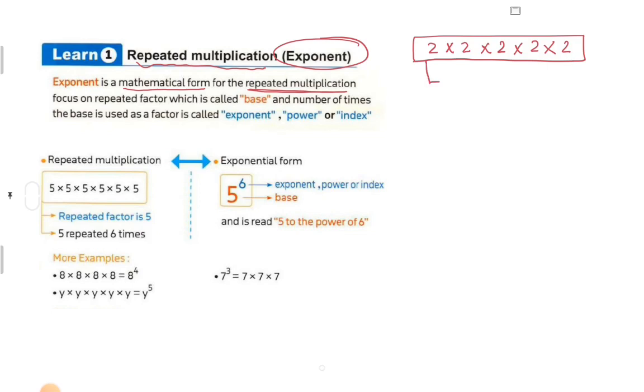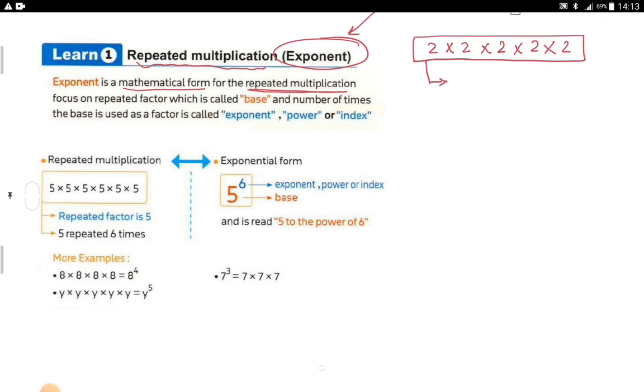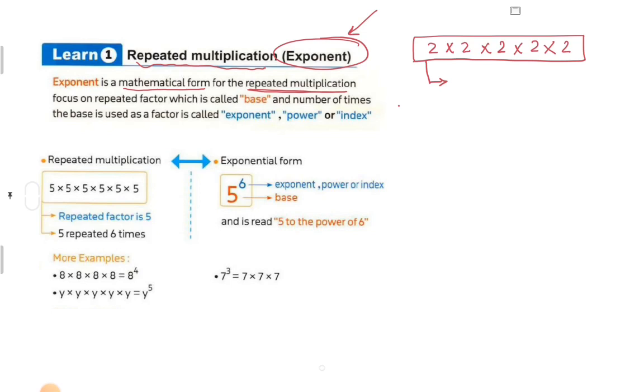We convert it to what? To an exponent. An exponent form consists of two parts: one part is called the base and the other part is called the exponent, or power, or index. How can I convert repeated multiplication to an exponent? What is the number repeated here?